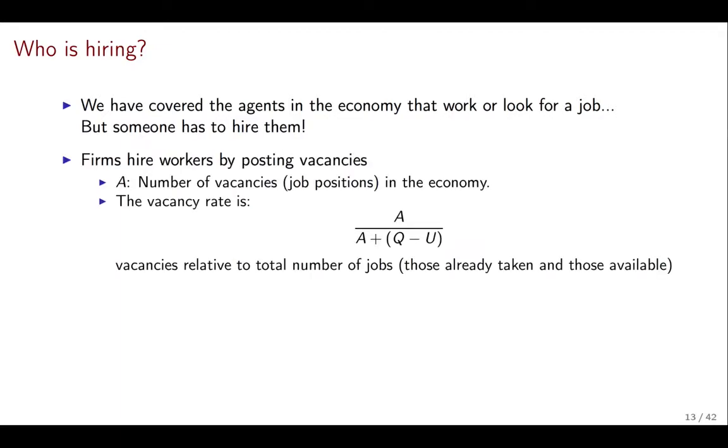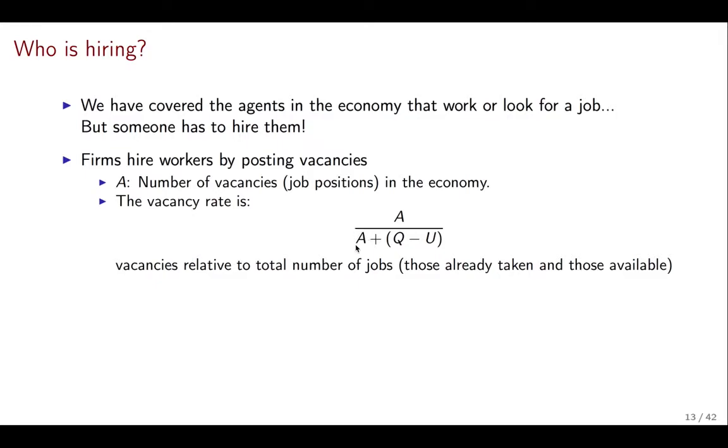And so firms are going to be the ones hiring workers, but in order to do that, they have to post vacancies. And so we're going to be letting A denote the number of vacancies or job positions in the economy. And the vacancy rate is going to be the ratio of how many vacancies there are relative to the total number of jobs that there can be.